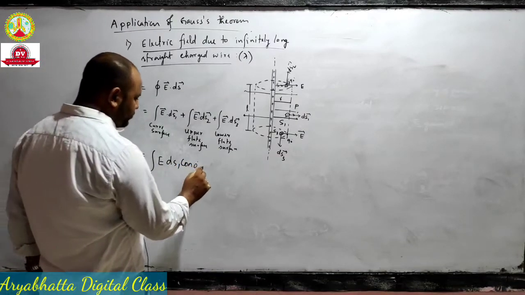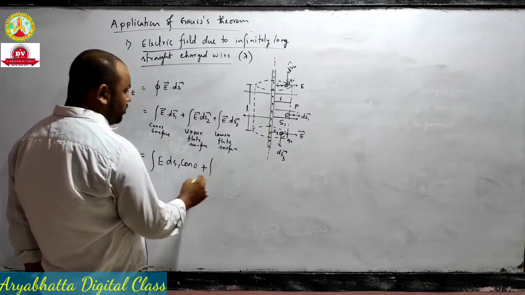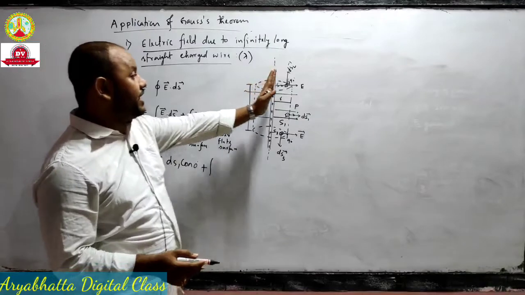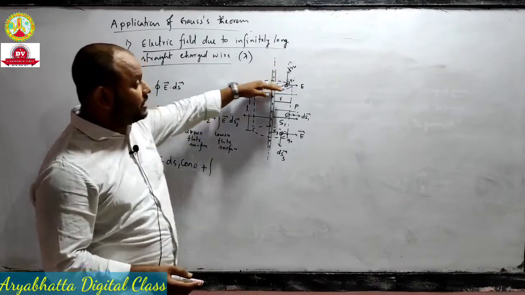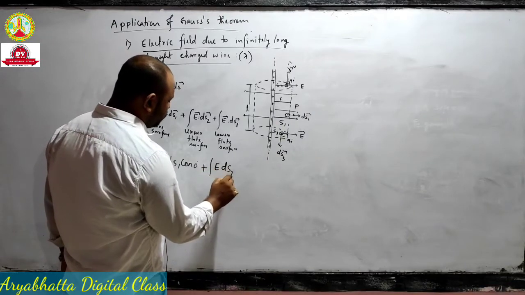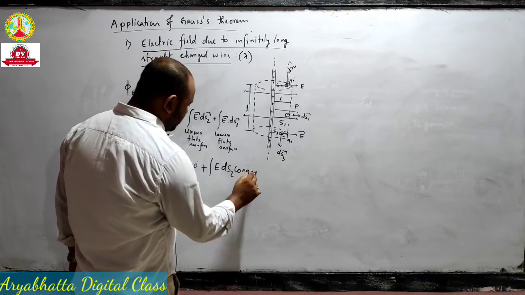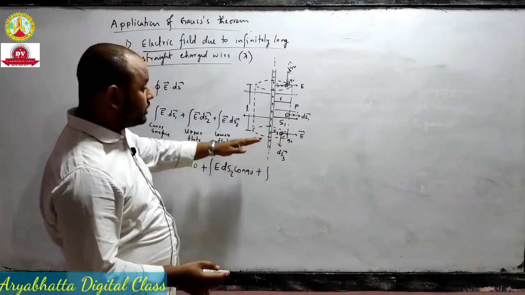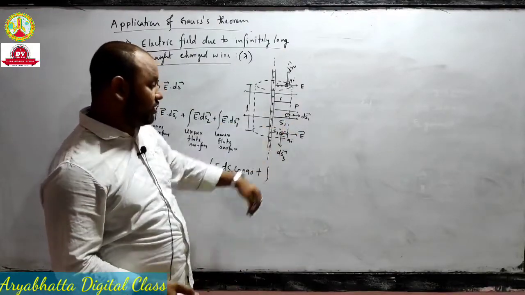Plus, for this upper flat surface, the angle between area vector ds2 and this electric field is 90 degree. That is why it will be E ds2 cos 90 degree, plus for the lower flat surface also, the angle between electric field and area vector is 90 degree.